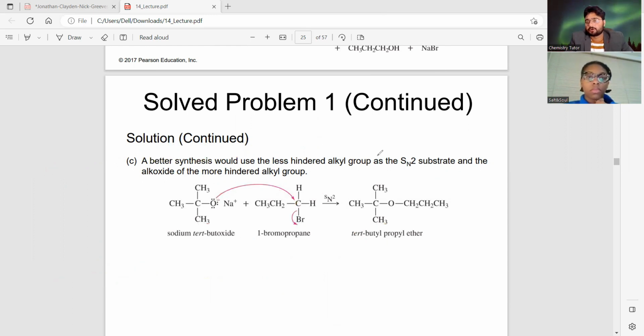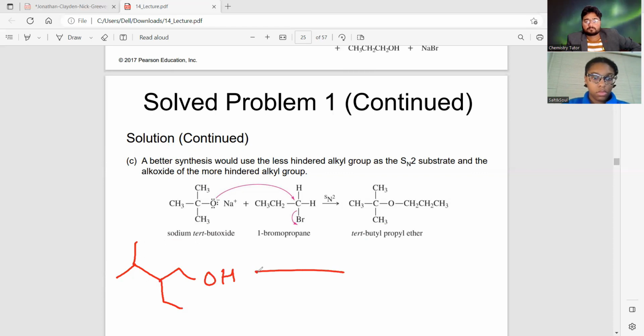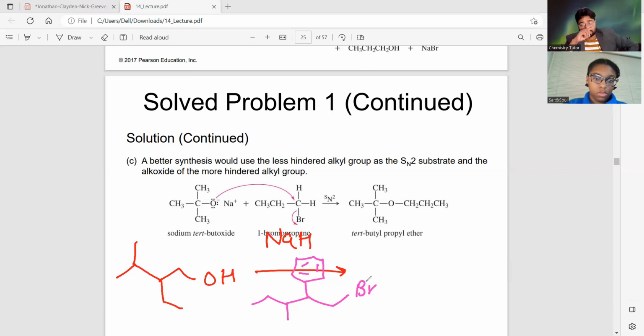Perfect. If you got this one, write the product of this reaction. If you are reacting this compound with this reagent, and in the second step reacting this compound, this is a benzene ring. What's the product?